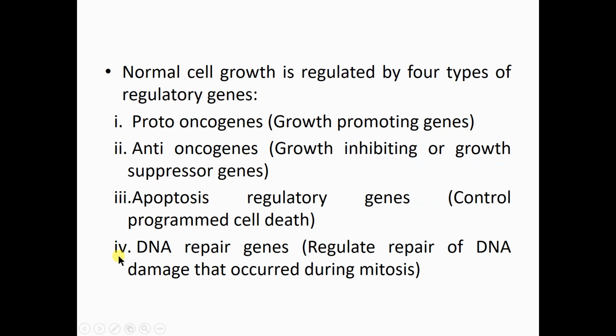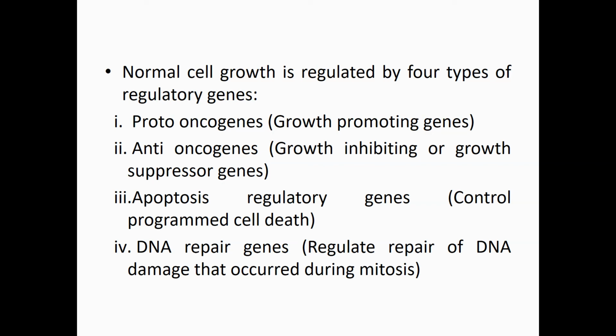Then the fourth and most important type is the DNA repair genes. These genes regulate the repair of DNA damage which occurs during mitosis or due to certain environmental factors. If a cell's genetic material becomes defective, DNA repair should take place. It may occur during DNA synthesis or replication in cell division.